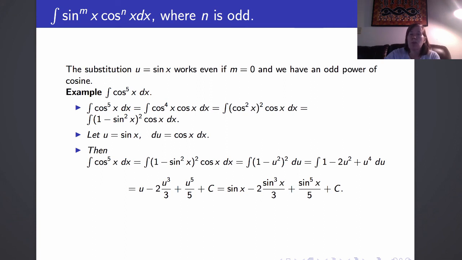And we can use the power rule for that. That's u minus 2 times u cubed over 3 plus u to the 5 over 5 plus a constant. And now replacing the u by sine x, we get that our answer is sine of x minus 2 times sine cubed x over 3 plus sine to the 5x over 5 plus a constant.